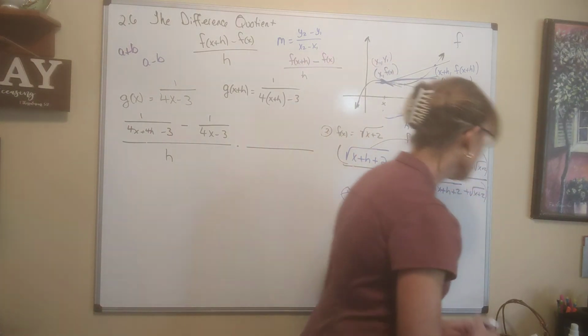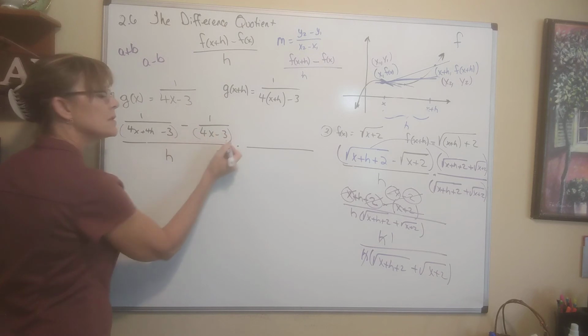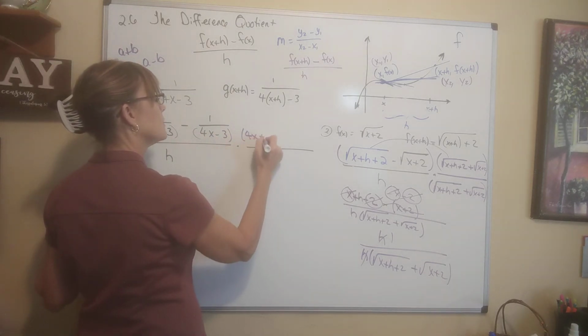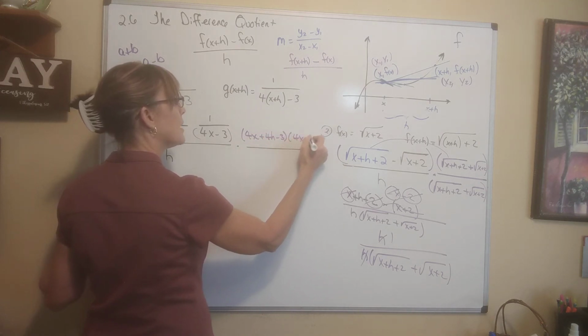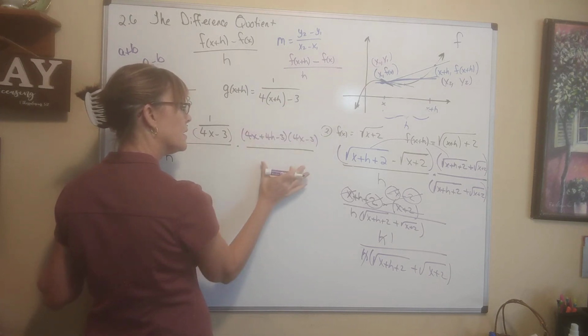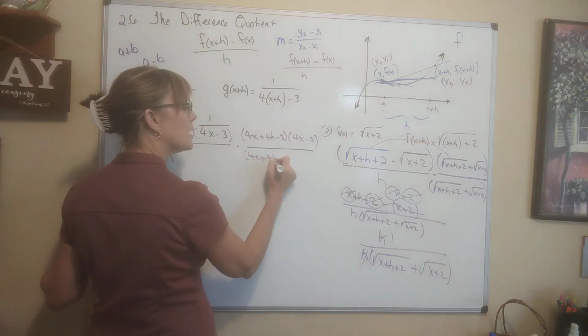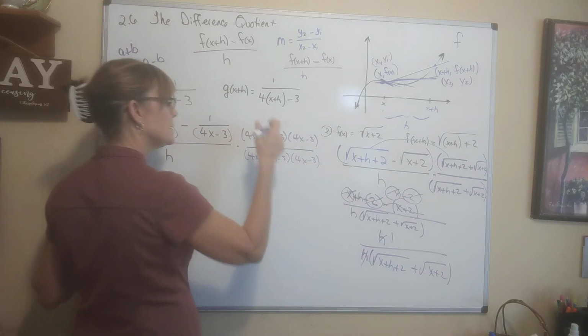So what I see here for the denominators is this one times that one. The lowest common denominator is going to be 4x plus 4h minus 3 times 4x minus 3. If I multiply up here, I multiply down here because I'm only allowed to multiply by the number 1. Because that's the identity for multiplication.